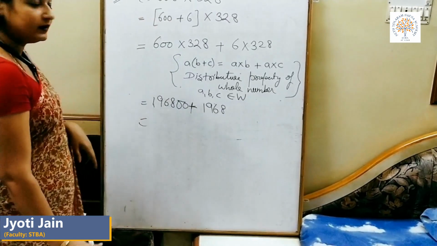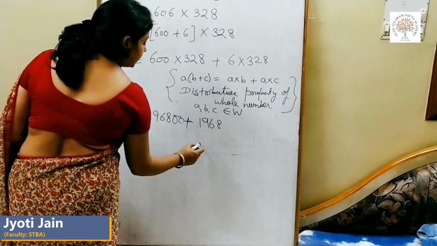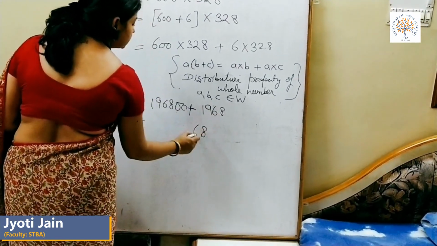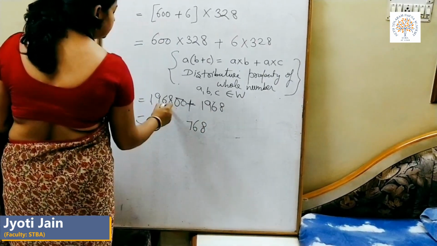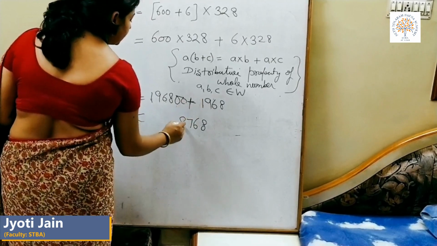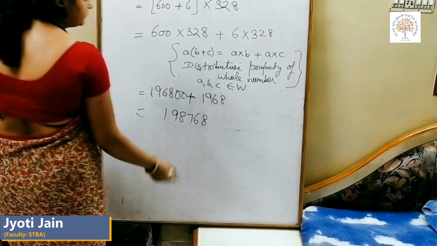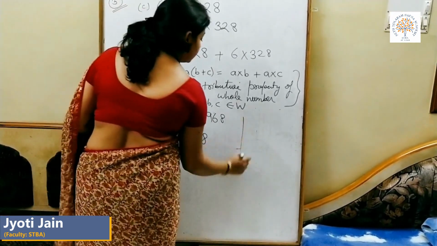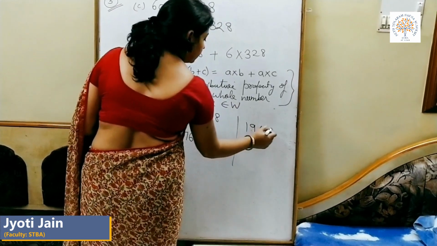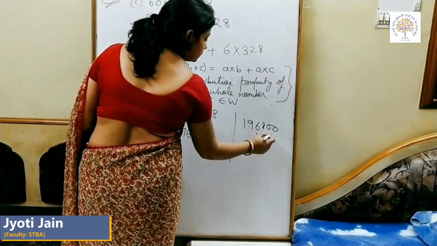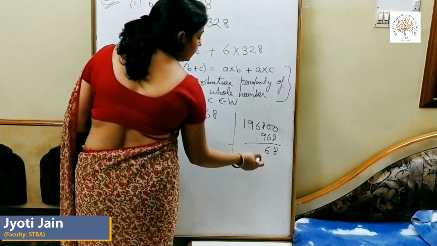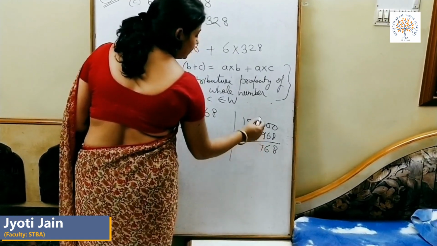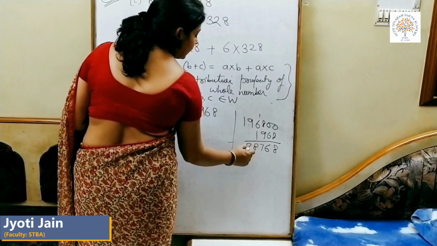Now we need to add them. So 0 plus 8 is 8. 0 plus 6 is 6. 8 plus 9 is 17. 6 plus 1 is 7. Plus 1, 8. 9, 1. Okay. If you are having any confusion, you can add them here also as your rough work. 8 plus 8 is 16 plus 1, 17. 6, 7, 8, 9, 1.